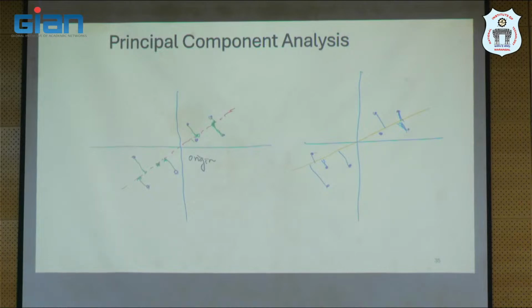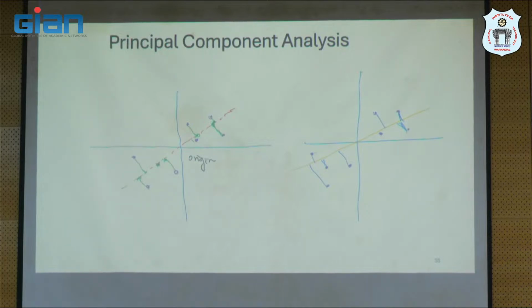So for any d-dimensional feature vector, there will be d number of principal components. So if I have a 2-dimensional feature vector, I should have 2 principal components. Okay, so this is the first principal component that I have drawn. We will see how we can select it. You just believe that this red line or the orange line is the first principal component.